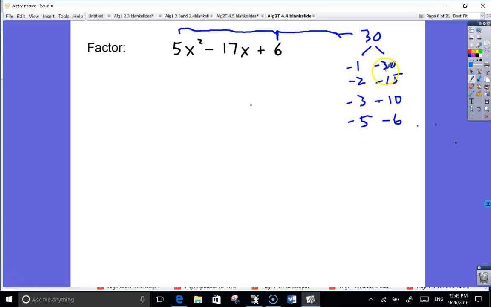Okay, so once you find what those two numbers are, then you're going to split up the middle term. Right now the middle term is negative 17x. We're going to make that negative 2x minus 15x. And then we still have plus 6 and 5x squared in the lead.